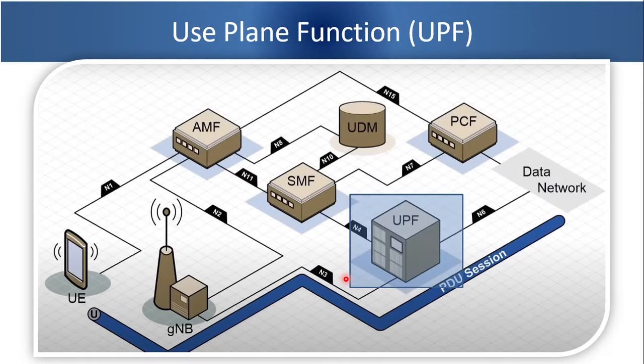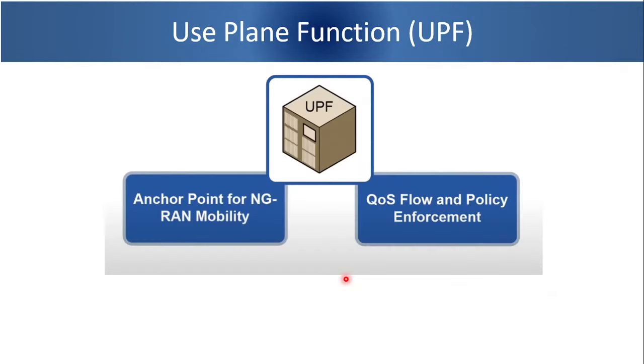So as I said, this one. Let us see here that suppose the user is moving from one gNodeB to another gNodeB. So the gNodeB is actually changing. The AMF remains the same for the control part.